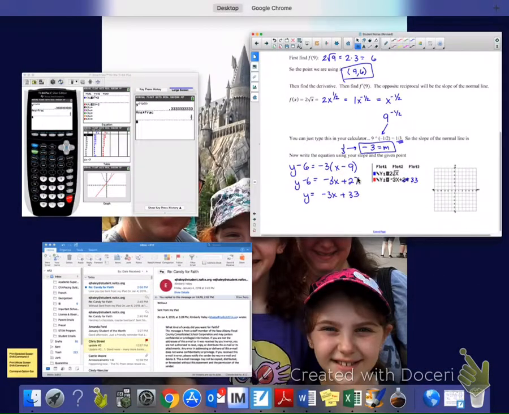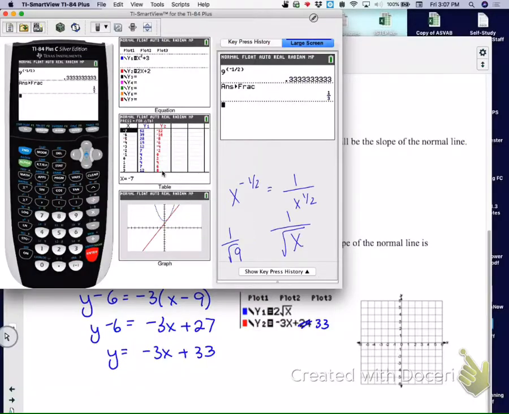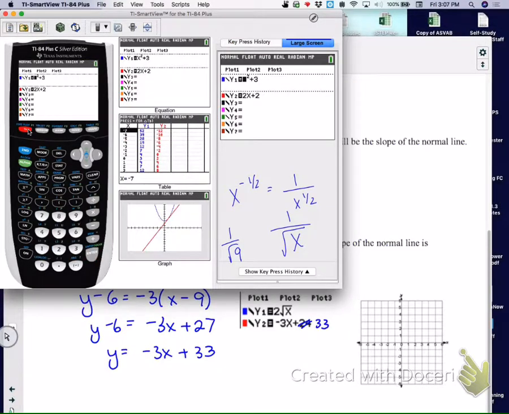Come to the calculator here. So we've got the original function, 2 square root of x. Okay, and then down here we have y equals -3x plus 33.